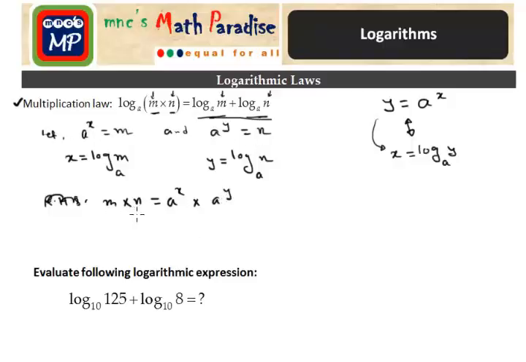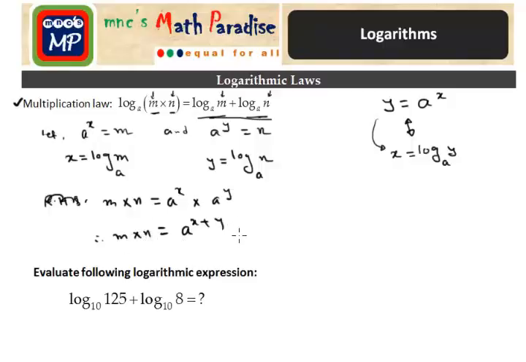So m times n is a to the power x times a to the power y. If we use the index law, it will be a to the power x plus y. So m times n equals a to the power x plus y.